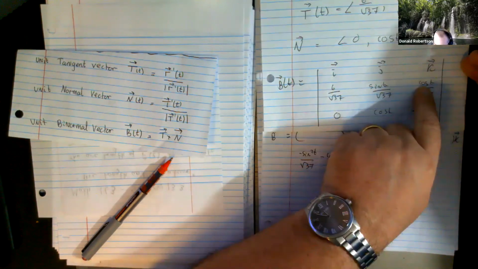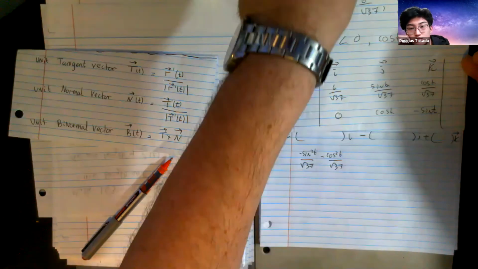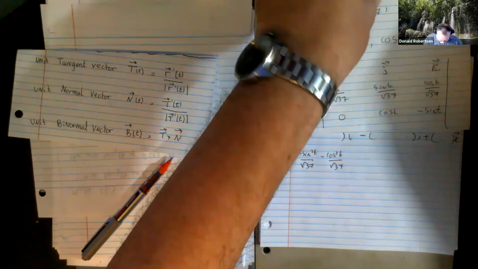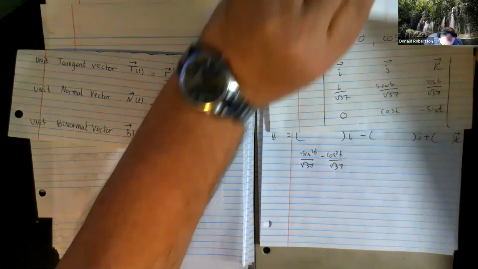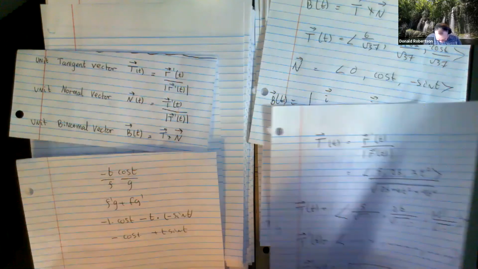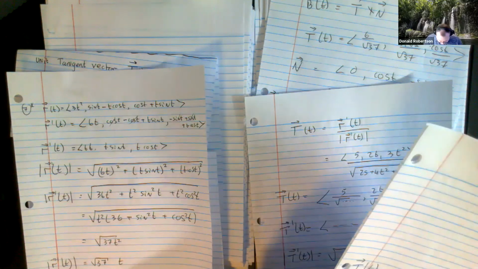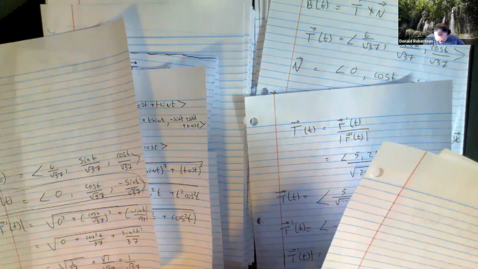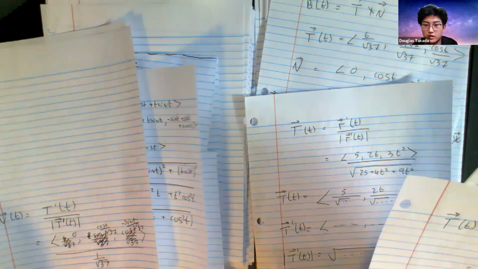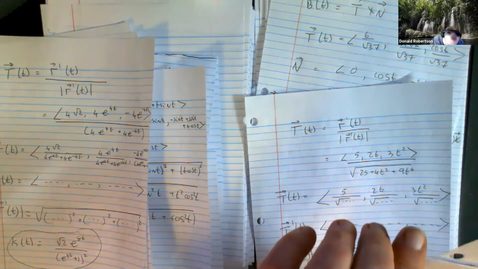Let me check if it was a negative in the original. Oh wait, never mind. I don't think it was. I just looked at it. That was my mistake. No problem.